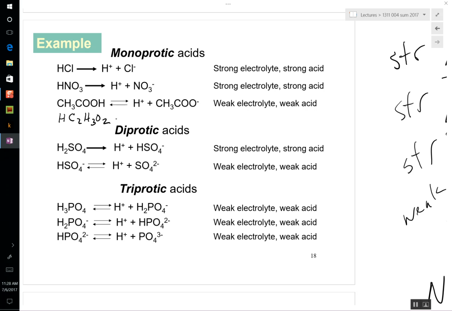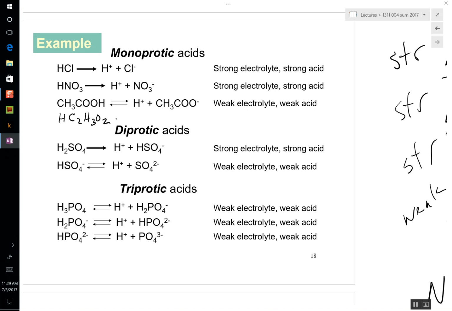Sulfuric acid can dissociate in two stages. Your H2SO4 can dissociate in water to give off a proton and the HSO4 minus ion. And that's your strong acid. In other words, it does that very readily. About 100% of it will be in this form.